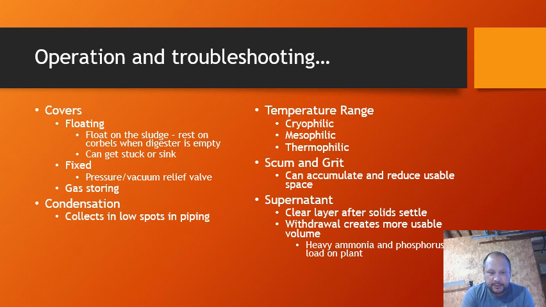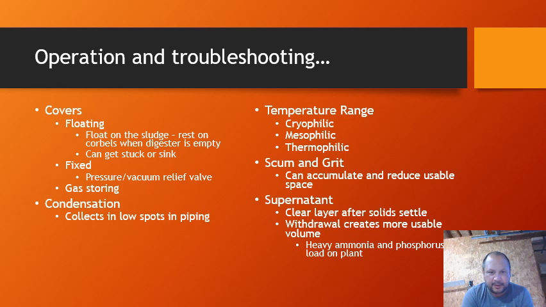Scum and grit in an anaerobic digester can create issues. They can accumulate and reduce the usable space. I've seen some textbooks and reference material recommend that anaerobic digesters be cleaned out, say, at least once every 5 years.